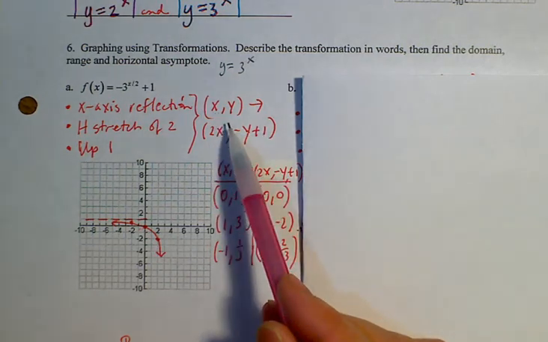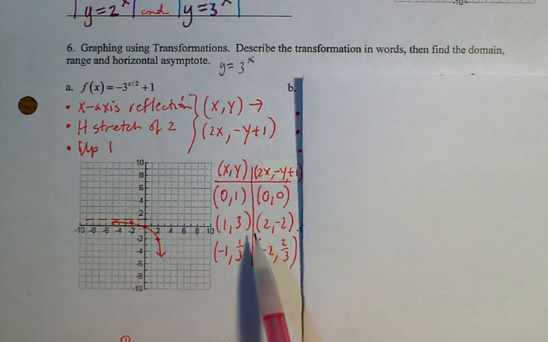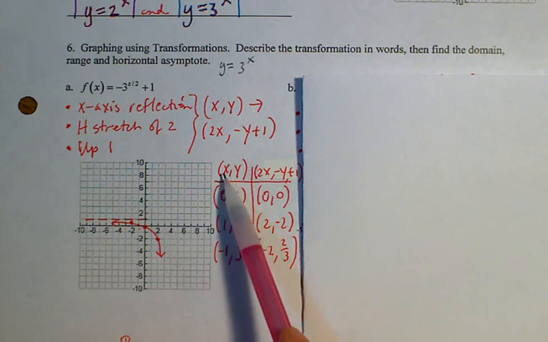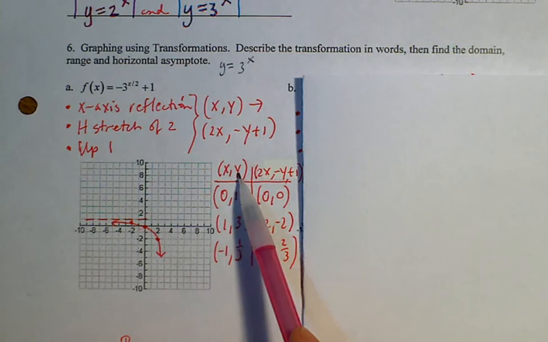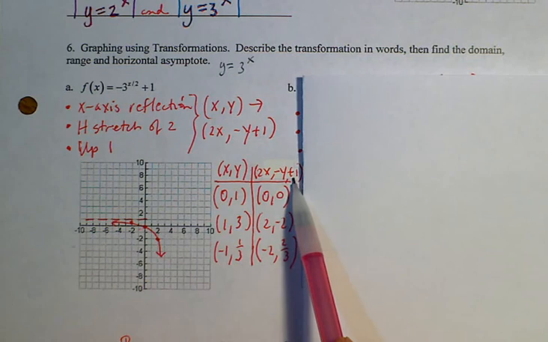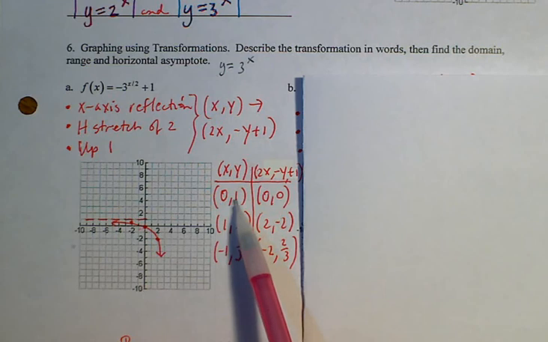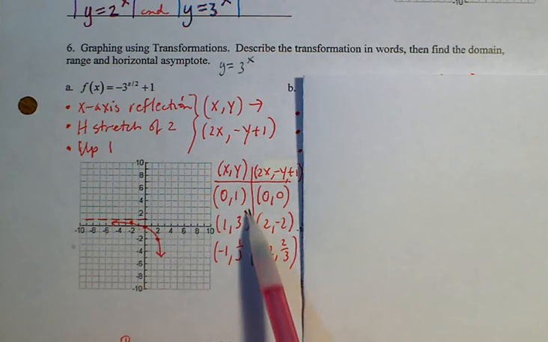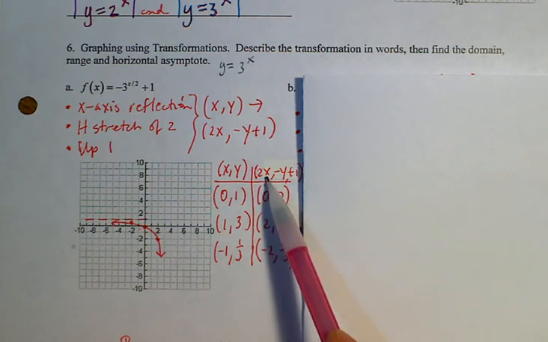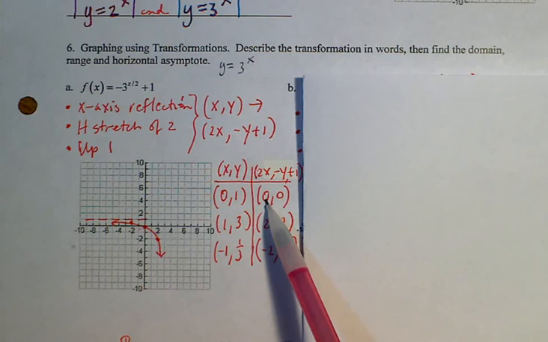I'm going to take the key values of 3 to the x and apply this transformation on them. I draw out a table, and on the left column I put x, y, and on the right, I write out the mapping, 2x comma negative y plus 1. One point on the parent function is (0, 1). Another is (1, 3), and then (negative 1, 1/3). I write those three points out first and then apply the transformation. 2x means I multiply x by 2, so that keeps it at 0.